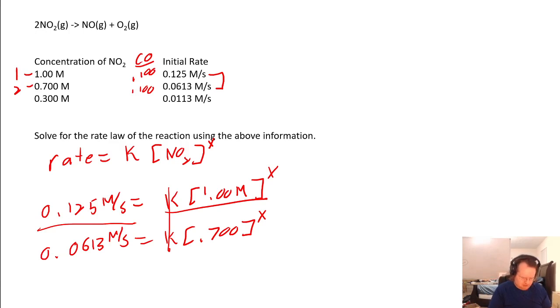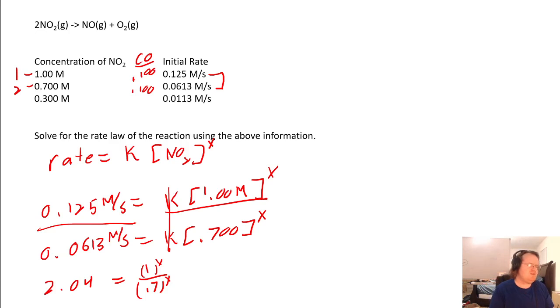Now, I'll plug that value in on the left, and what I'll get is 2.04 equals 1 to the x over 0.7 to the x. Now, I know 1 to the x power is 1, because 1 to any power is 1; 1 times 1 a bunch of times gives you 1.